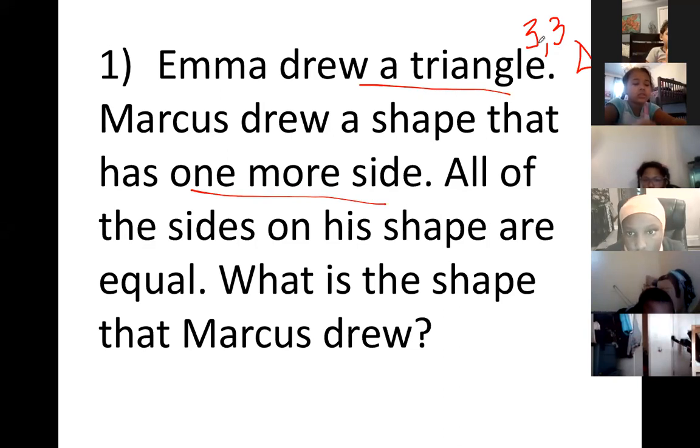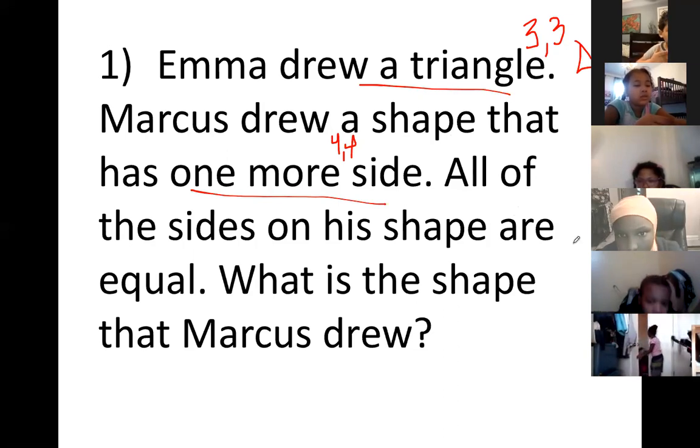So if Emma's shape had 3 sides and 3 angles, how many sides did Marcus's shape have? I think 4 sides. Great, exactly. 4 sides and 4 angles, because it had one more side than the one Emma had. Now, Naima, listen carefully. All of the sides on the shape are equal.